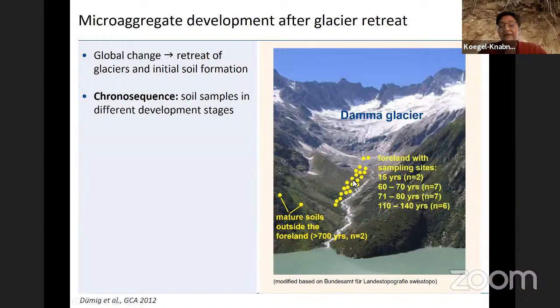And we have thus a chronosequence of younger soils in the foreland of the glacier, and we have really quite old soils that have undergone soil formation for around 150 years. And we also looked at mature sites outside the glacier-covered area.